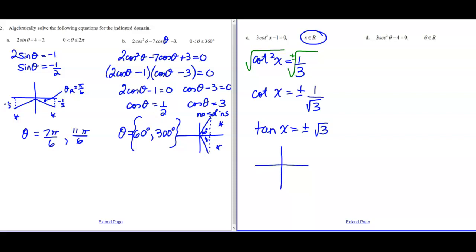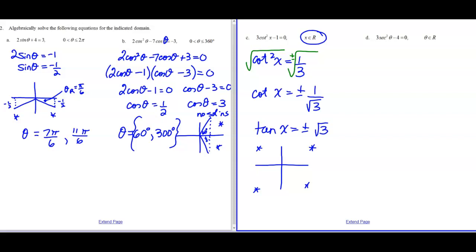Okay, so this is really two equations. Tan x equals positive root 3, so tan is positive in first and third. Tan x equals negative root 3, so second and fourth. This will cover all 4 quadrants if you have plus or minus. So really, we want to know what angle gives us a tan of root 3 to get that reference angle.